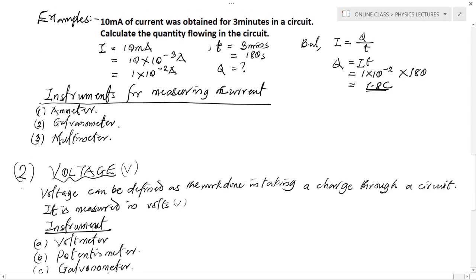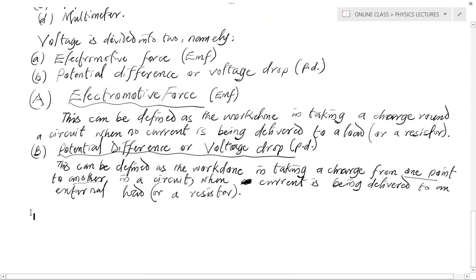Now, the next thing we are going to discuss is number 3. What's number 3 here? Number 3 is resistance. We use R to denote this.